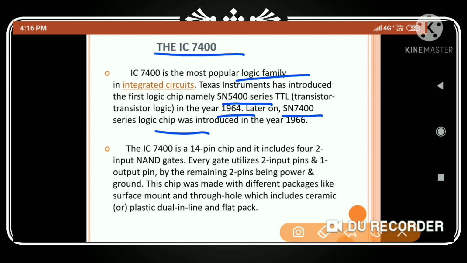The 7400 was also designed there, and the first series is SN5400, in 1964, and the next series is SN7400. So these are the series. You can Google it and see how the SN series came in Texas Instruments.